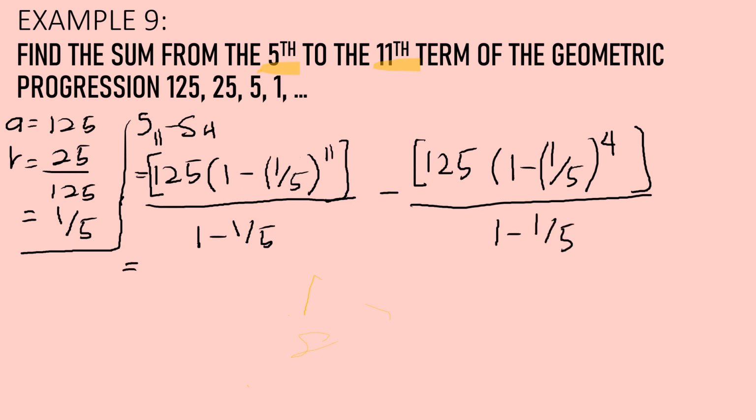So it is 156 1 over 4 minus 156. The answer is 1 over 4.